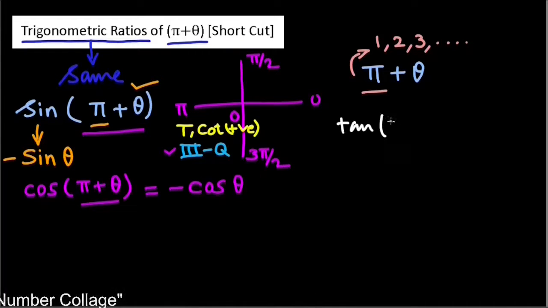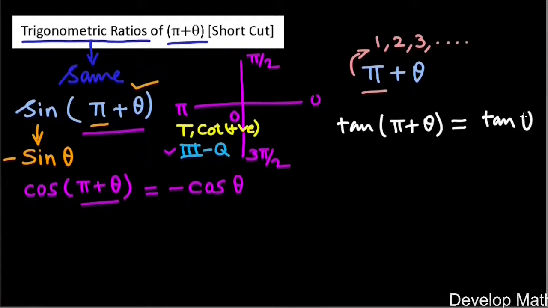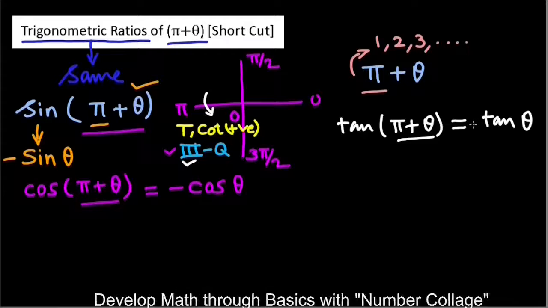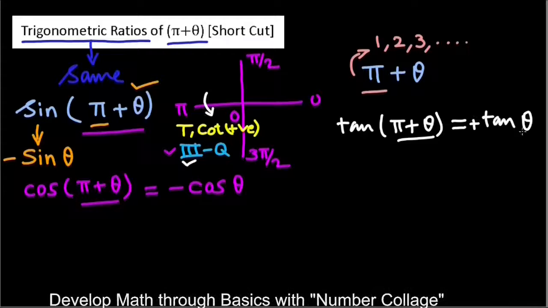In case of tan pi plus theta, it will be tan theta itself, and the angle lies in the third quadrant, where tan is positive, therefore this will be plus tan theta.